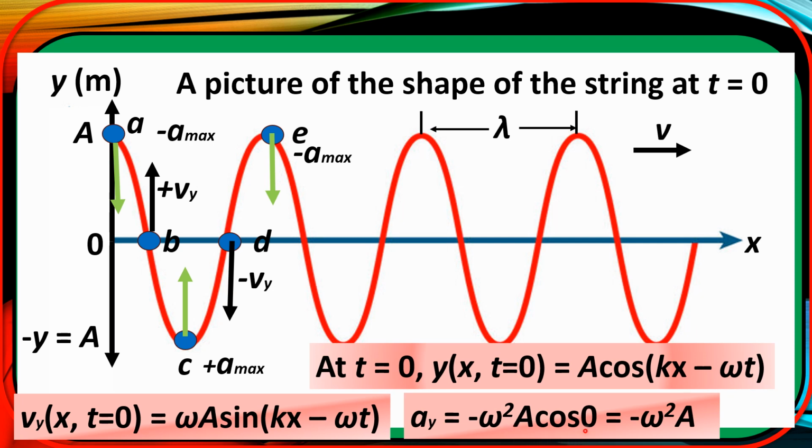And the cosine of 0 radian is equal to 1. So it means that the transverse acceleration of particle A as well as of particle E is maximum, equal to negative omega squared times the amplitude A.